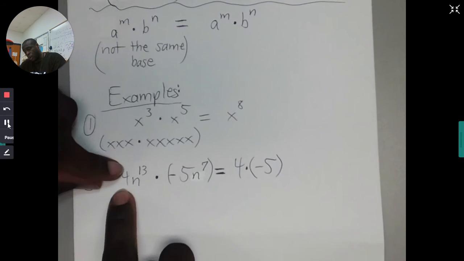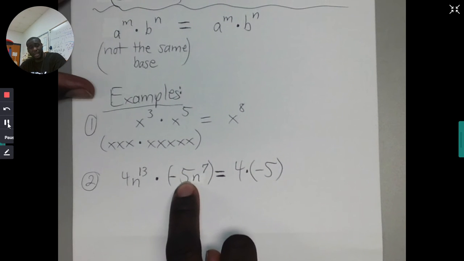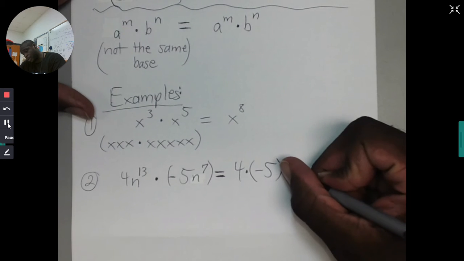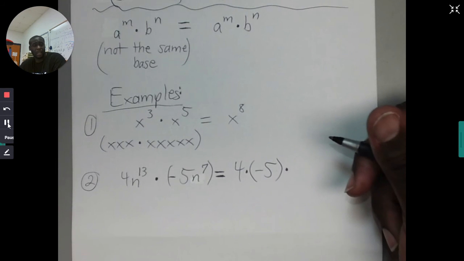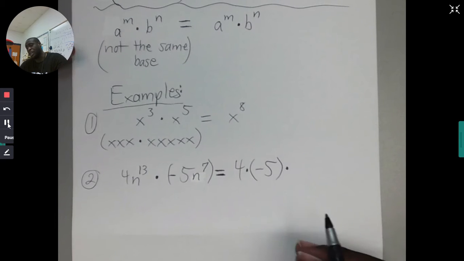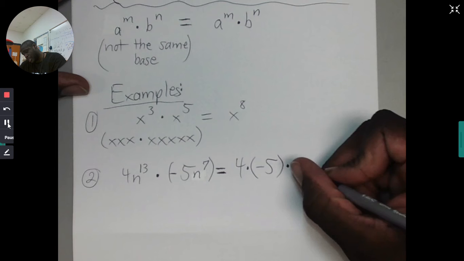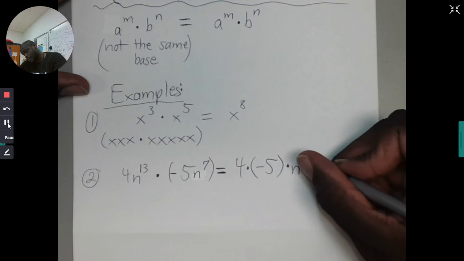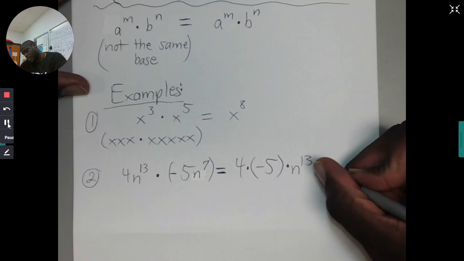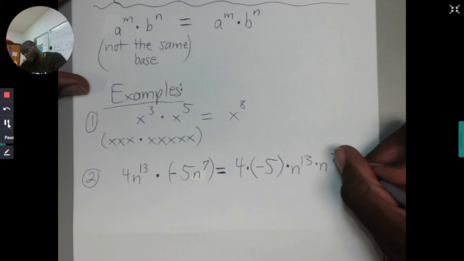The 4 looks like the 5, looks like the -5, right? Write it so those parts are beside each other to help yourself out a little bit if you're unsure about that. Okay? And then you got your n and your other n. All right?